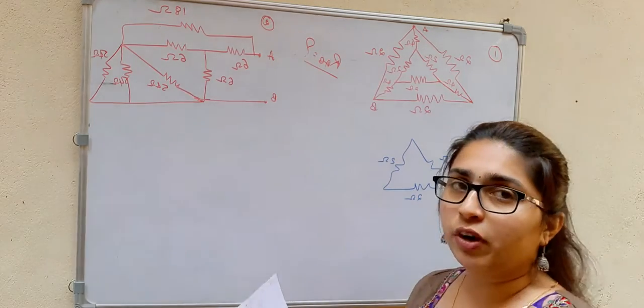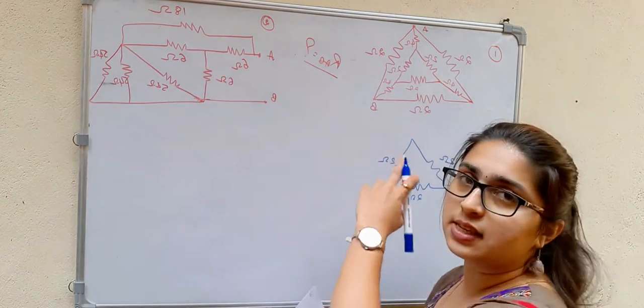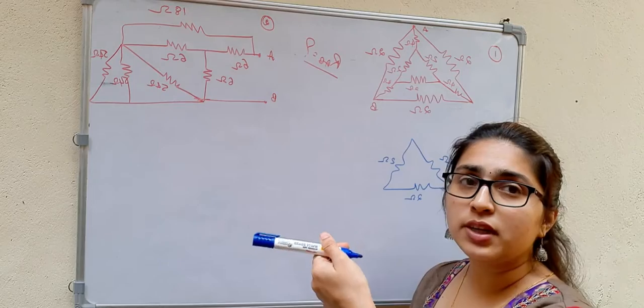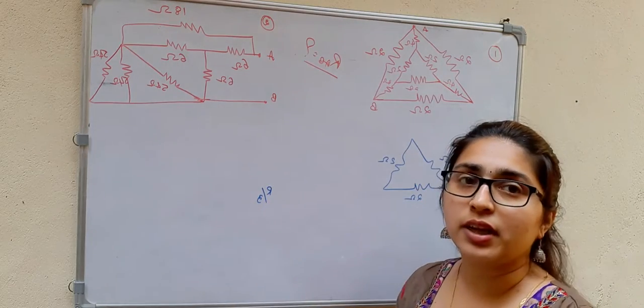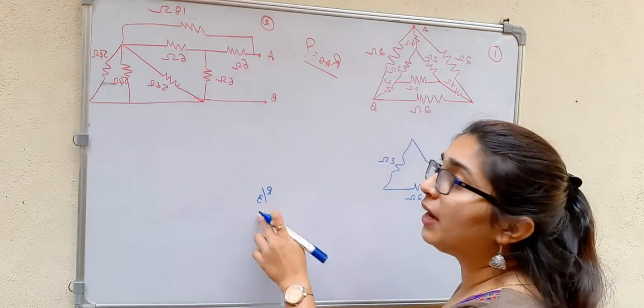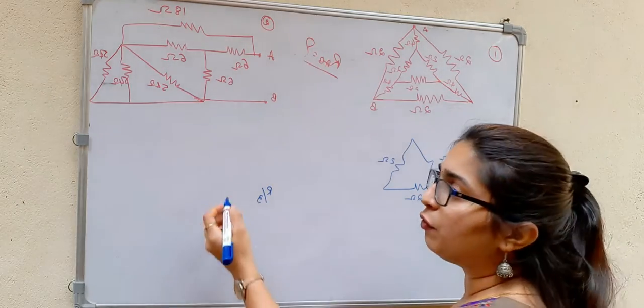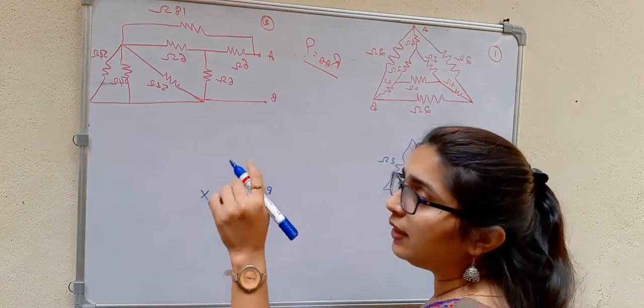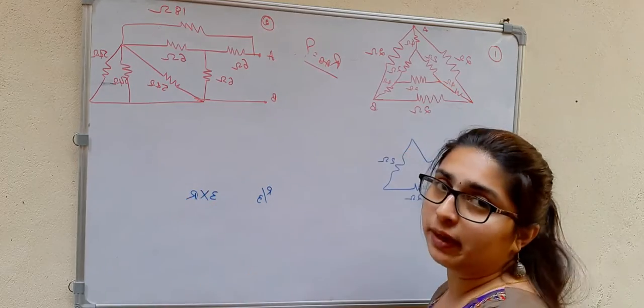When converting from delta to star, if all the resistances are equal, the equivalent star has each resistance R divided by 3. But when converting from star to delta, each resistance is multiplied by 3.